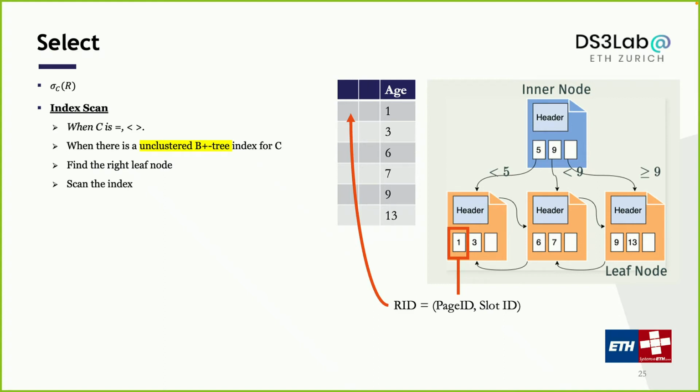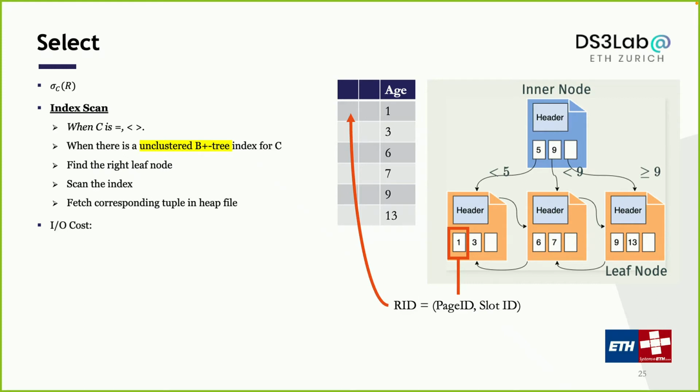If the condition is smaller than something, I'm going to scan from right to the left. But anyway, you identify the leaf node, and then you scan it. Whenever you find something that satisfies the search condition, you fetch the actual tuple from your heap file storing the actual information, because the index is unclustered in this case. And then you write it back to the file as output.